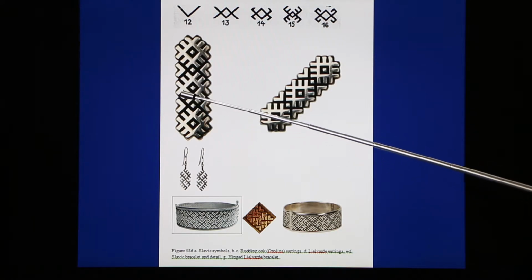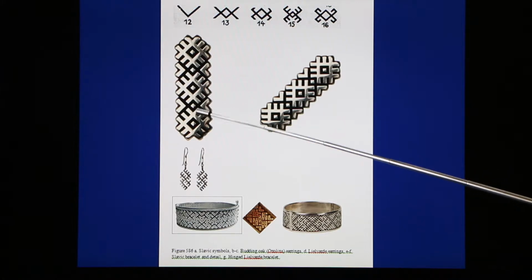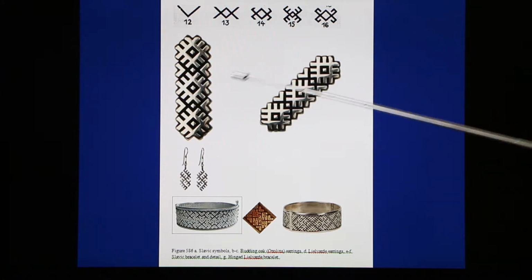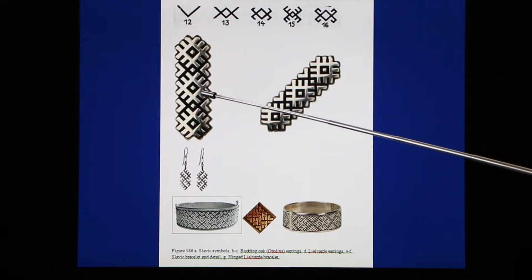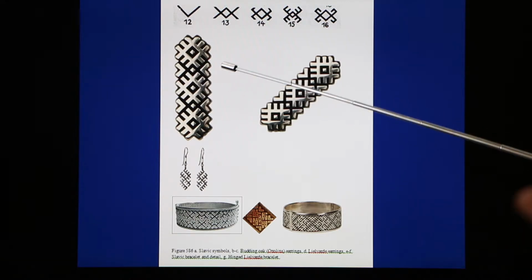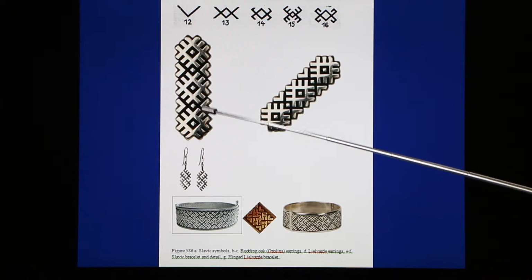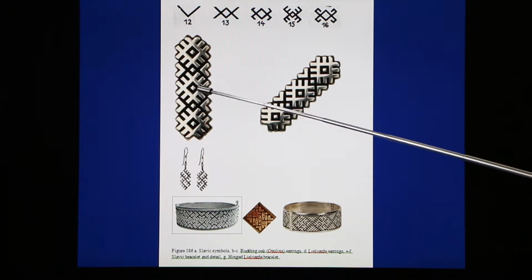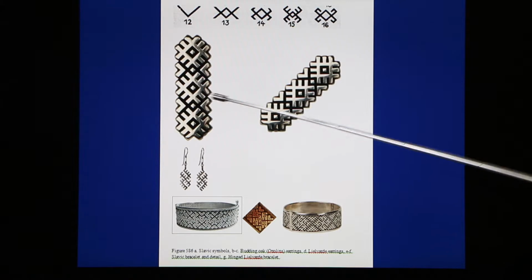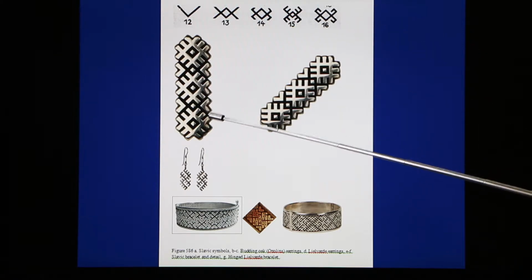If I look at the light silvery part, then I have the Trishula type approach linked with a square. But if I look at the thing in between, I have this pattern.